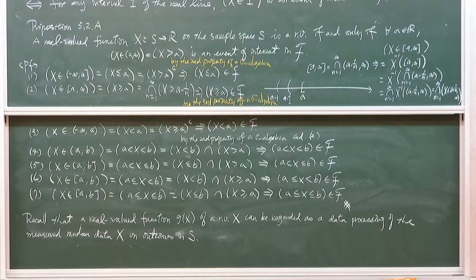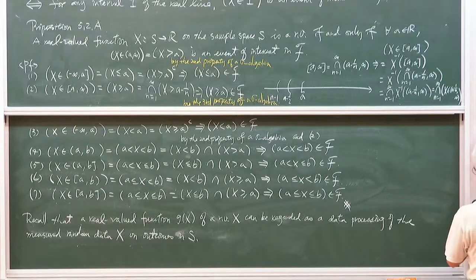To be able to do the data processing, we need the requirement that the domain of the data processing function should contain the range of the random variable.